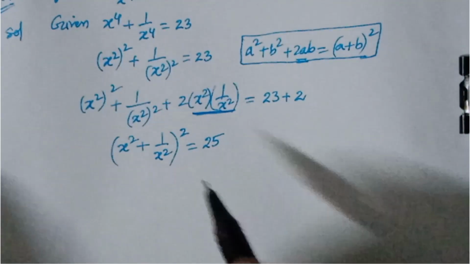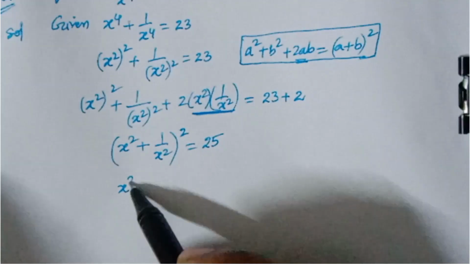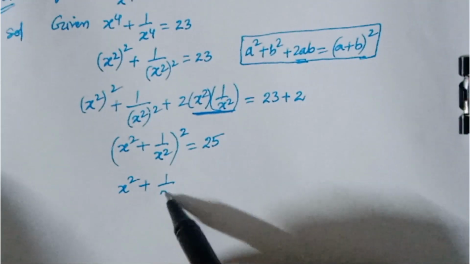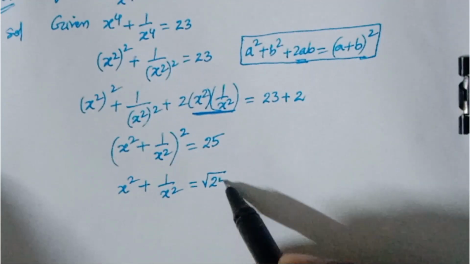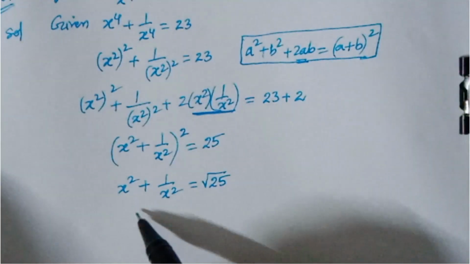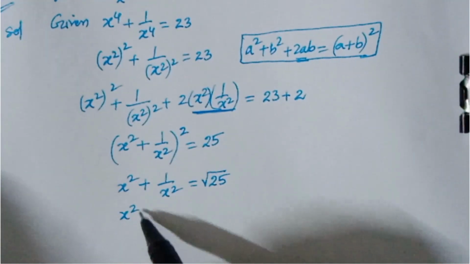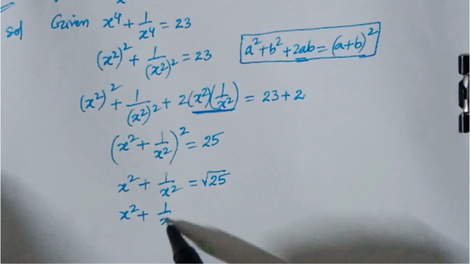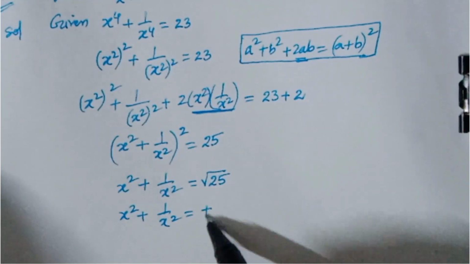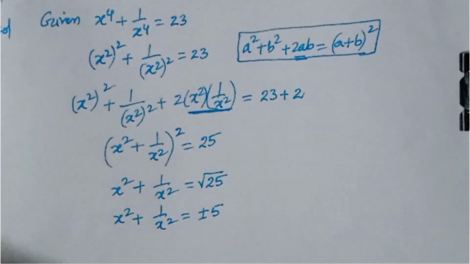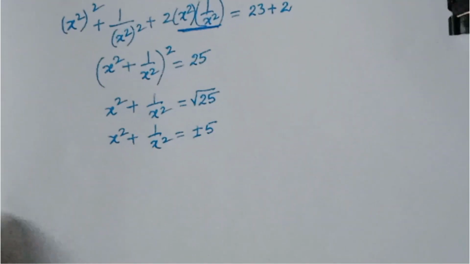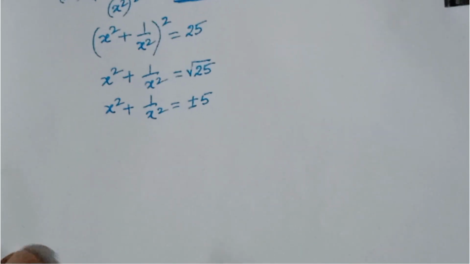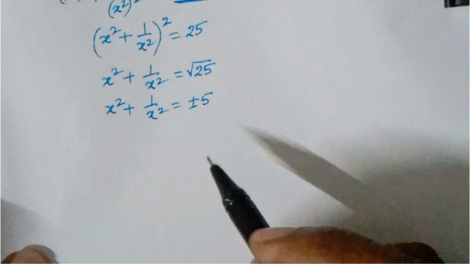So x square plus 1 by x square will be the square root of 25, which is plus or minus 5.